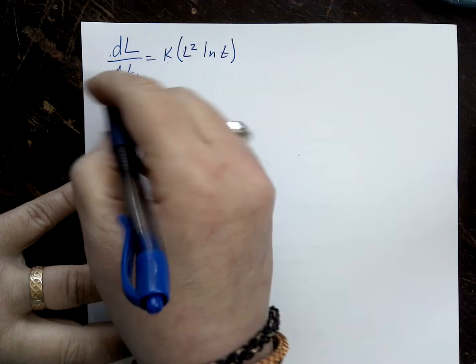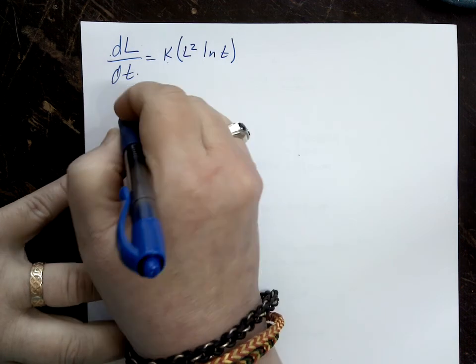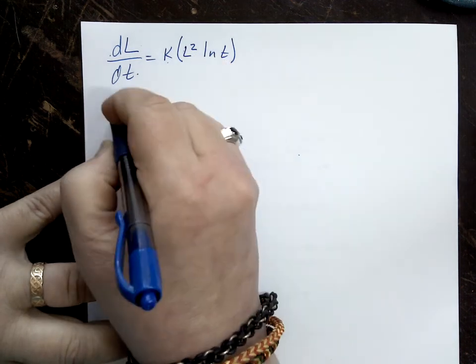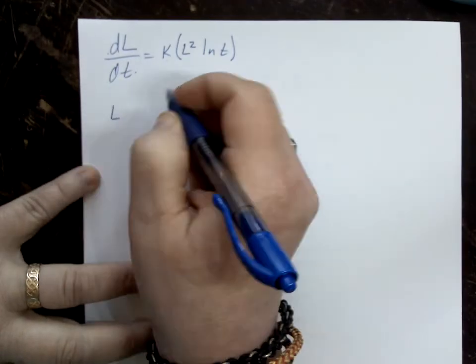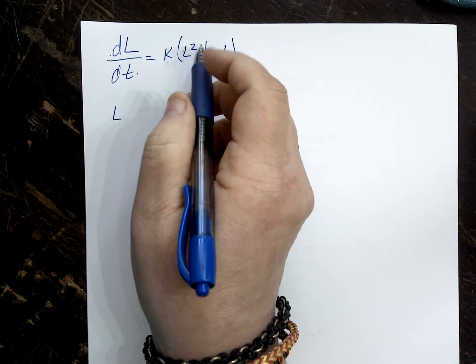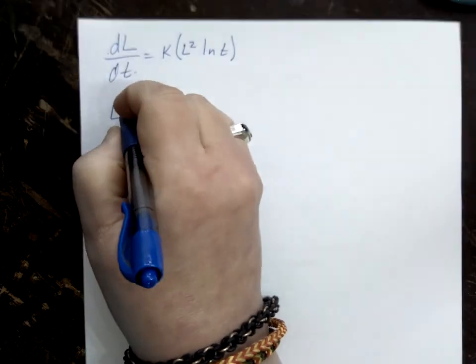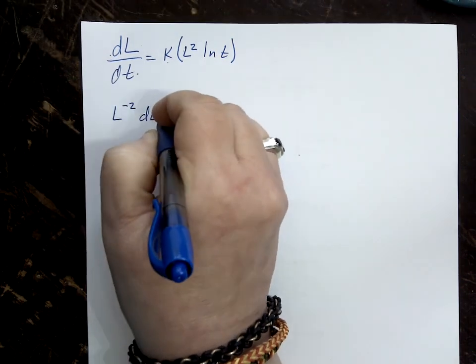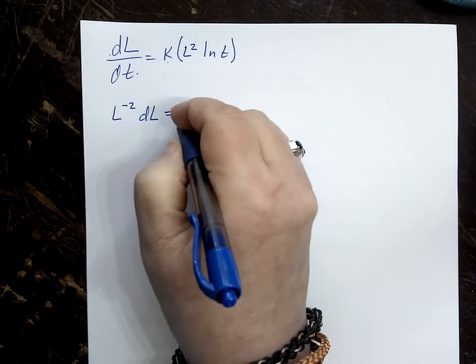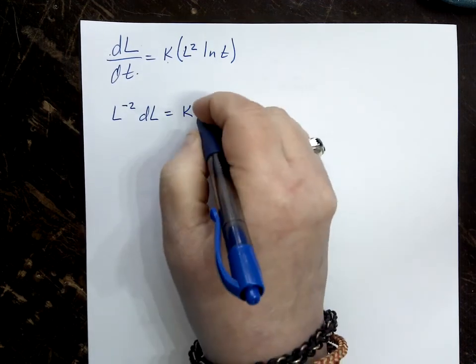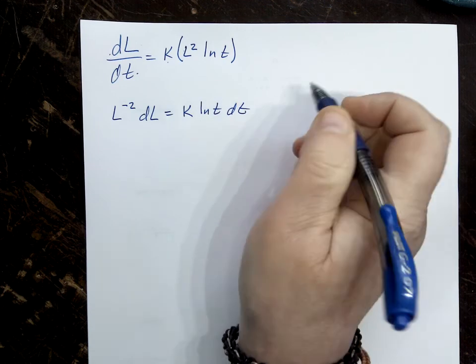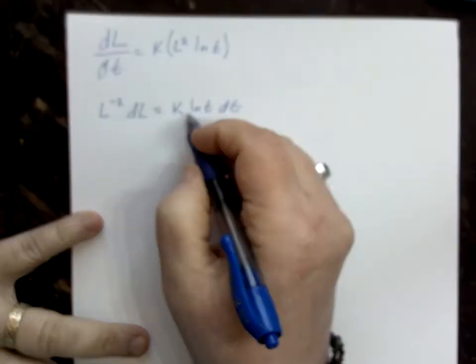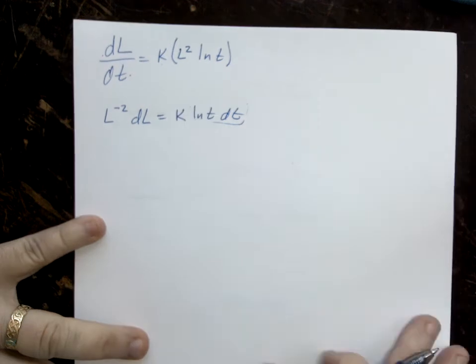Okay. Separating: L squared over here becomes L to the negative 2 over here. And on the right, I'm going to keep the k, and I have natural log of t dt. Now, quick point. We've integrated the natural log of t several times using by parts.